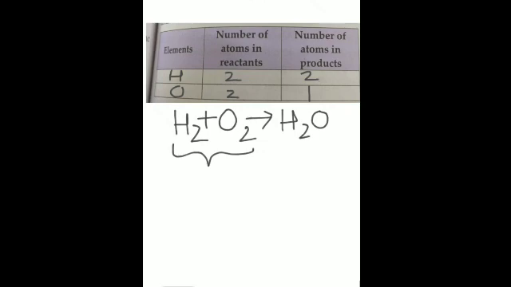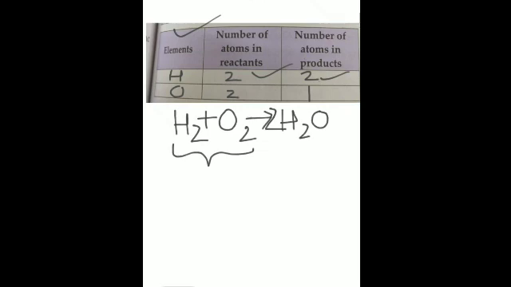Step 2: the number of hydrogen atoms are already balanced, both are equal, right? But the number of oxygen atoms are not balanced. So we multiply H2O with 2. Is it clear? So we multiply this by 2 over here.